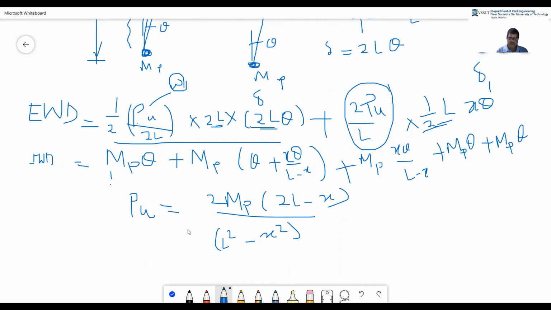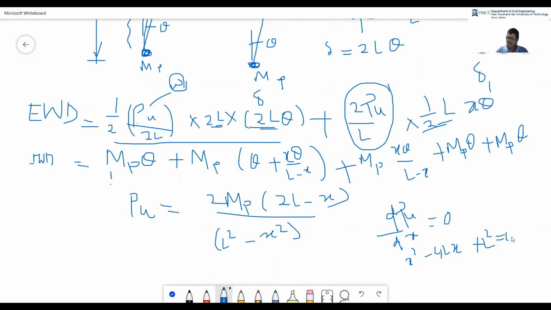Now, PU should be least, so your dPu by dx must be equal to 0. Solve this dP by dx, you find the equation will come x square minus 4lx plus L square is equal to 0.